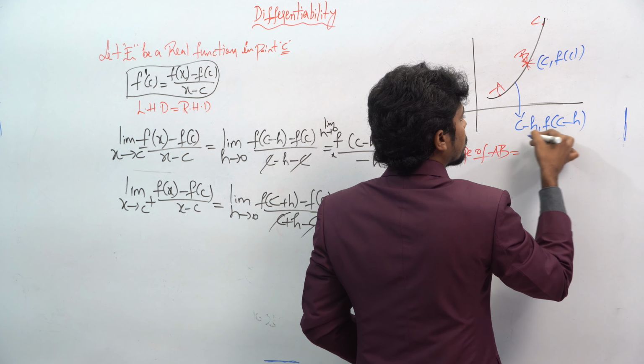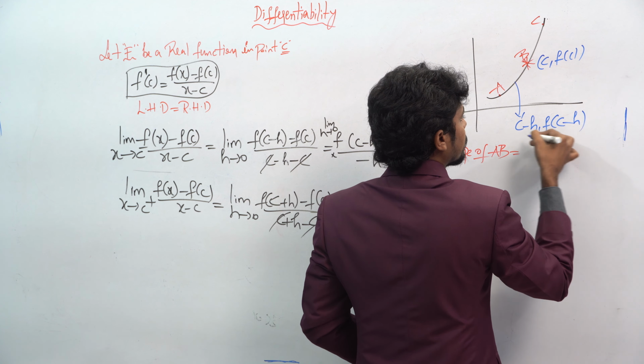To find the slope of this line, first draw a tangent like this. There you can apply the chord of AB, and you can easily find it.